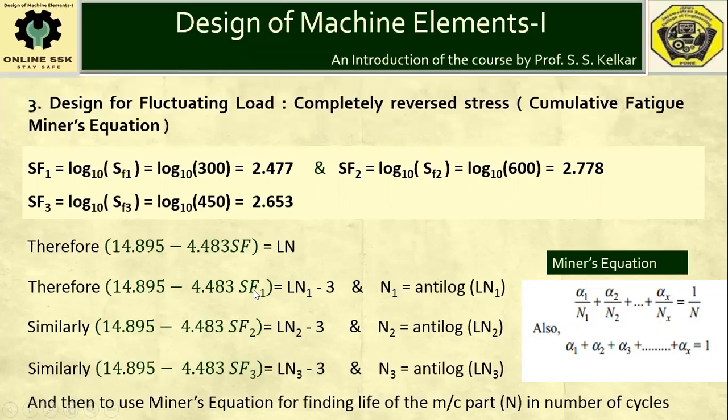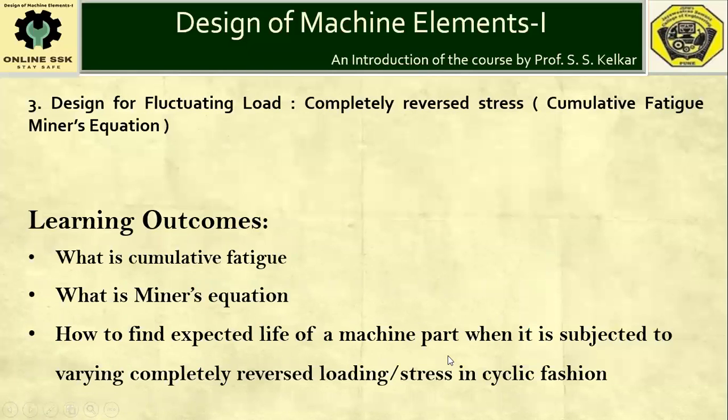So using values of SF1, SF2, SF3, we can calculate ln1, ln2, ln3, and having antilog of that, we can calculate n1, n2, n3. Now we have with us the values of alpha 1, alpha 2, alpha 3 for different fractions of the elements of the work cycle, and also n1, n2, n3, the number of cycles if the sole stress is applied to the machine part.